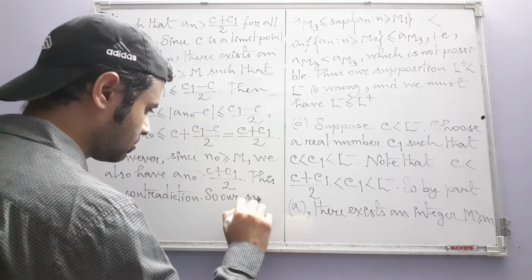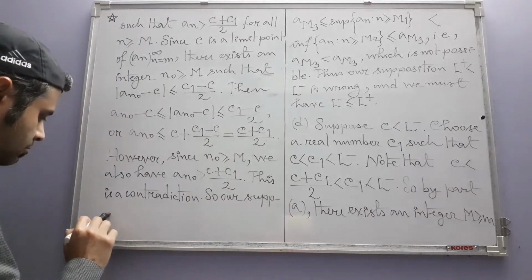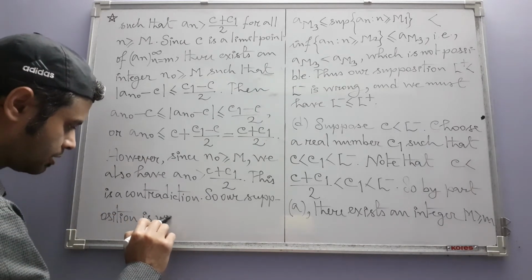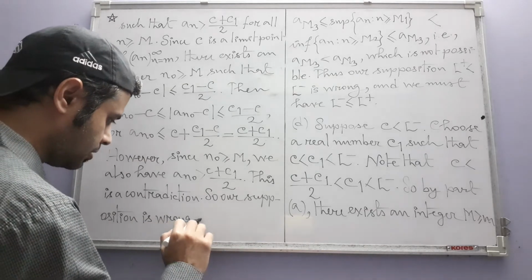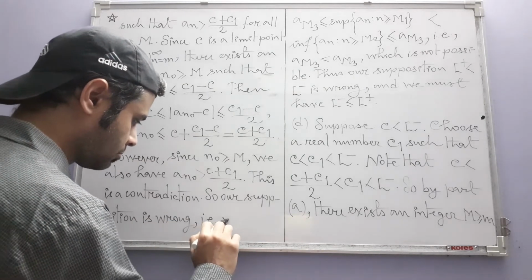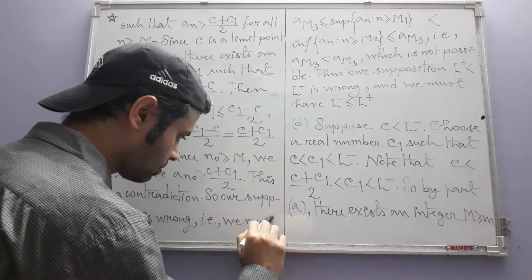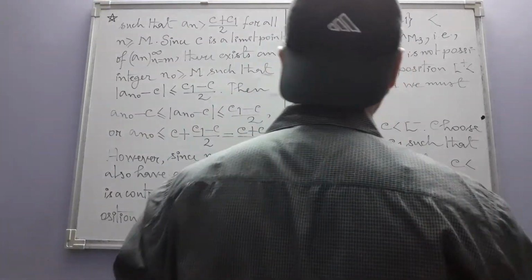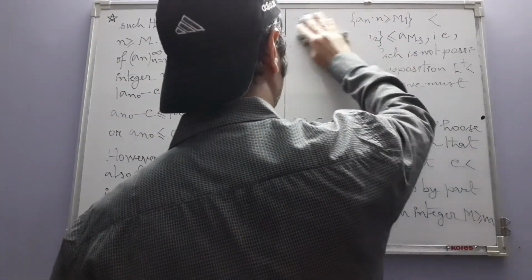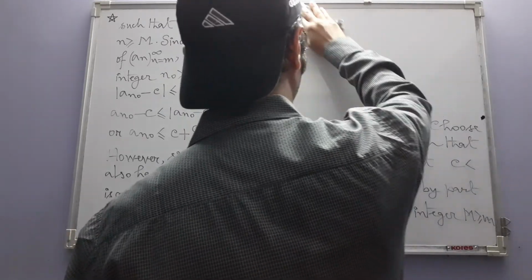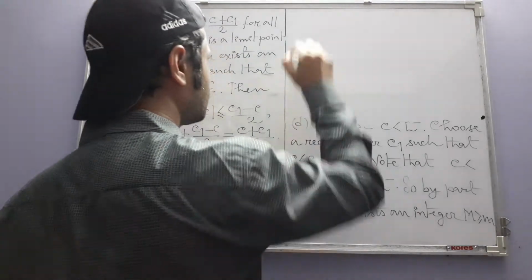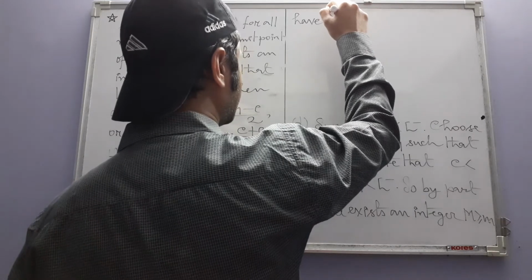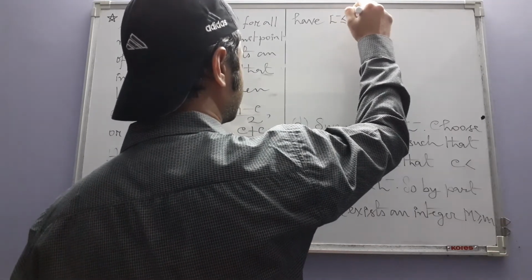So our supposition is wrong. So we must have L minus less than or equal to C.